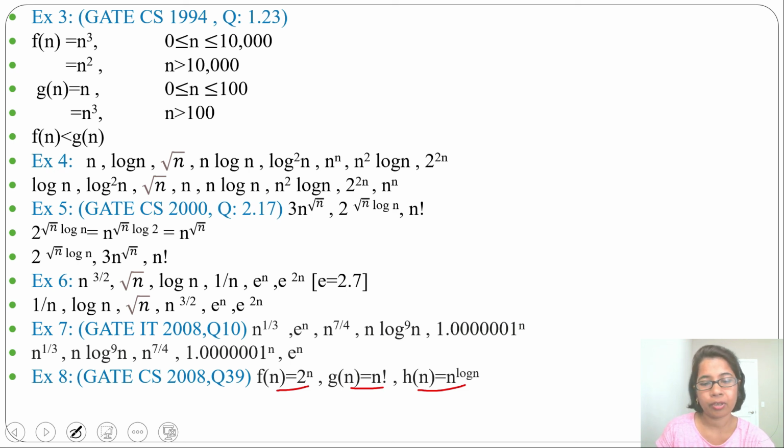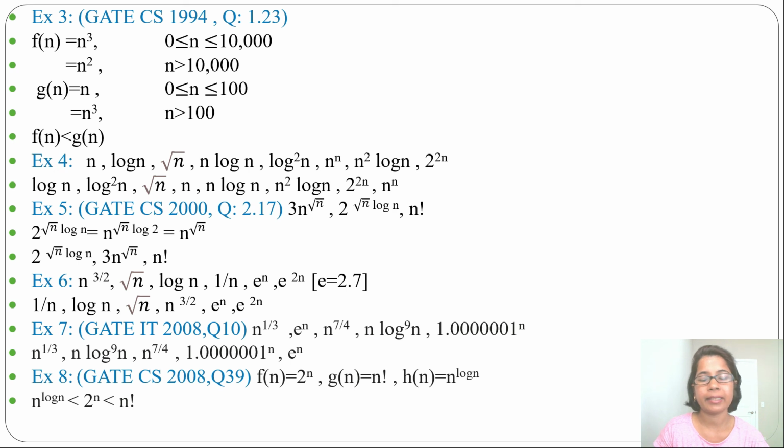Polynomial has a lower order of growth than exponential, and exponential has a lower order of growth than factorial. So Hn will be less than Fn, and Fn will be less than Gn, or you can say n power log n will be less than 2 power n, 2 power n will be less than n factorial.